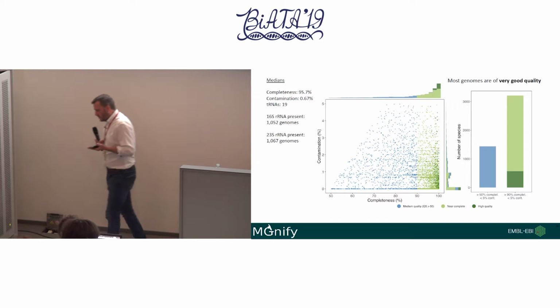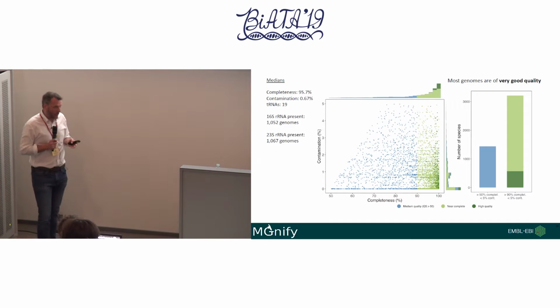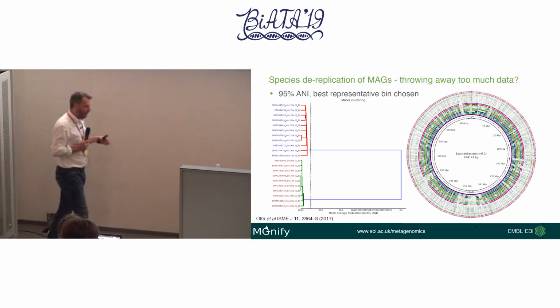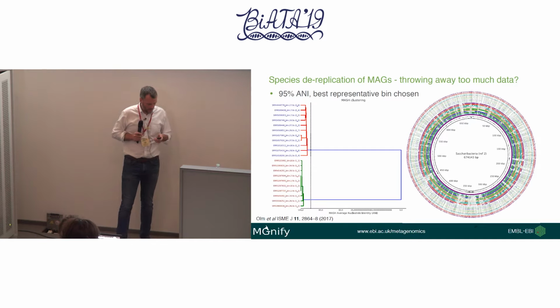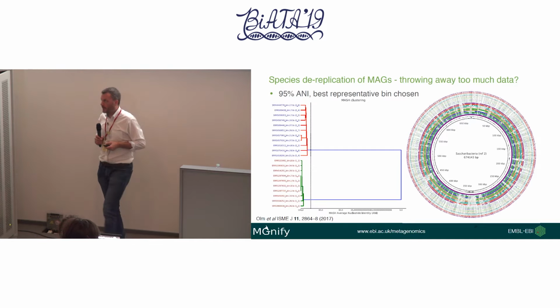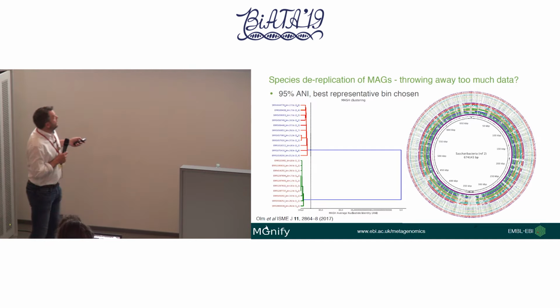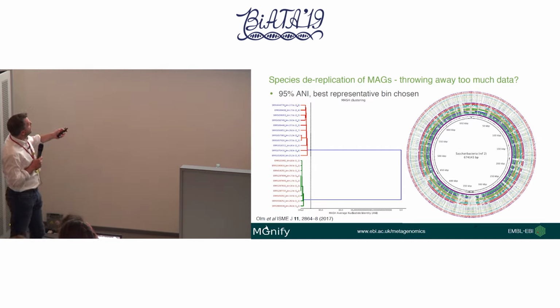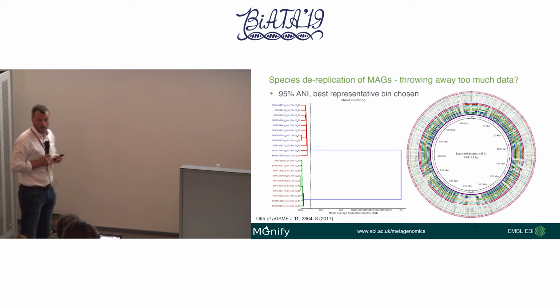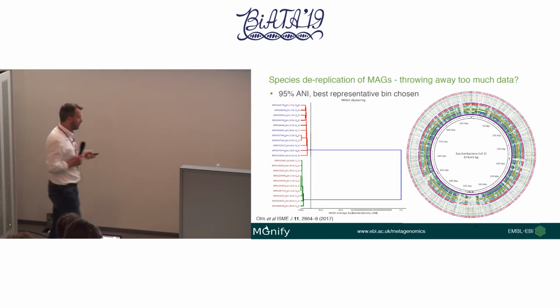We have a long and deep discussion about what you should and shouldn't do in terms of how far you should push this. So here is an example of what we're doing at dereplication. In this particular figure, what you've got are 30-odd Saccharibacteria that we've managed to assemble uniquely.